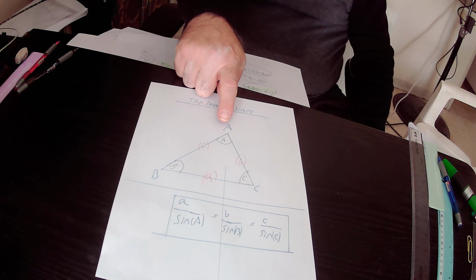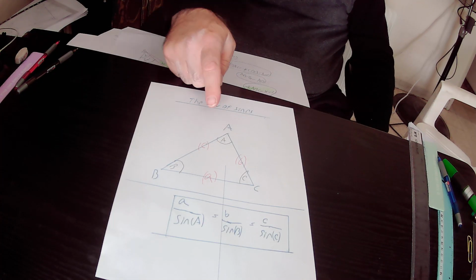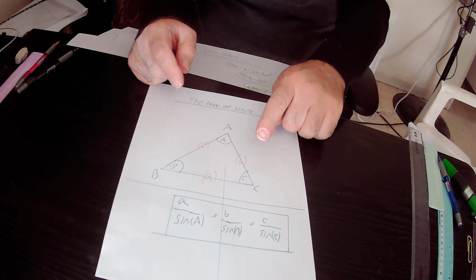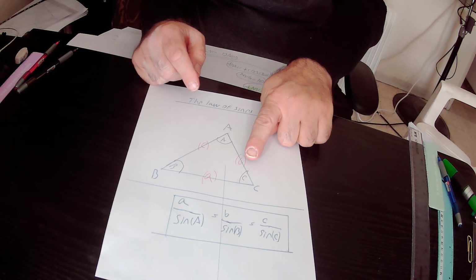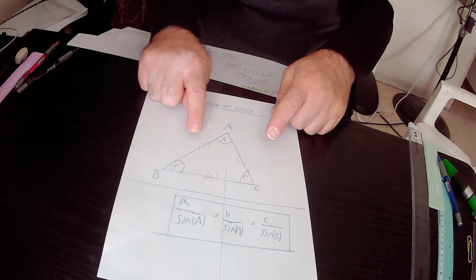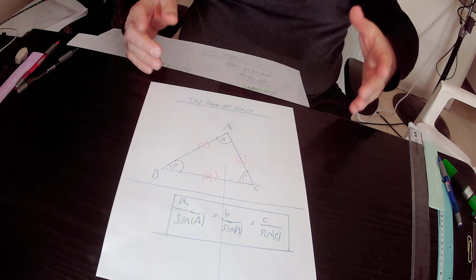This is angle BAC, equal to capital A degrees in size. This is angle ABC, equal to capital B degrees. And this is angle ACB, equal to capital C degrees. Note that the length of side AB is C, side AC equals B units, and side BC equals A units.